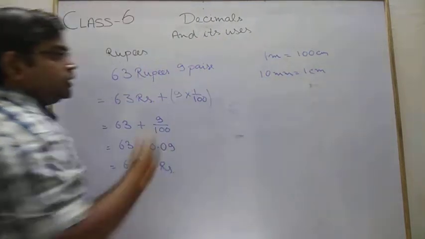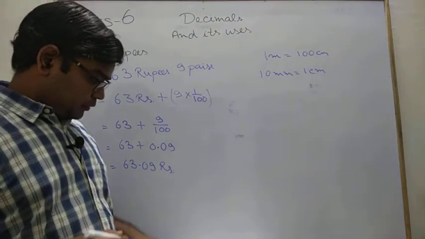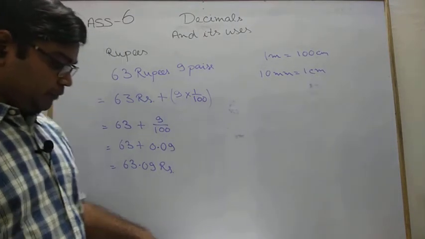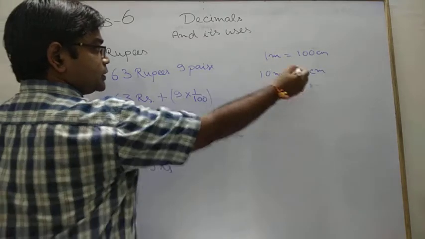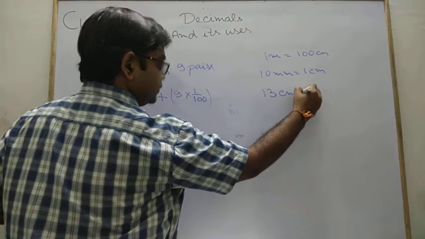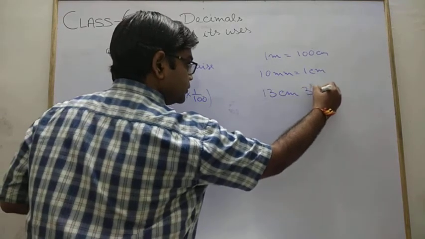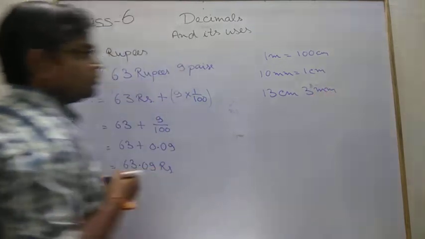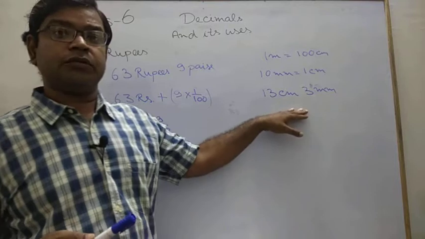By using only these two we can convert them easily. So I am taking only one question, convert into centimeter. It is given that 13 centimeter 3 millimeter. In this case, we have to convert completely into centimeter.